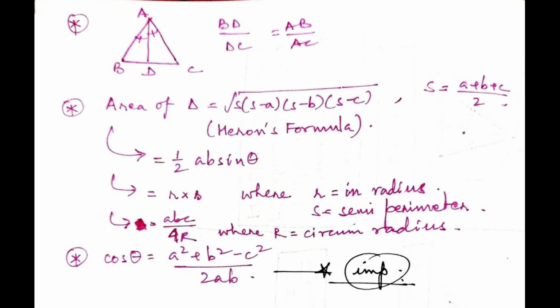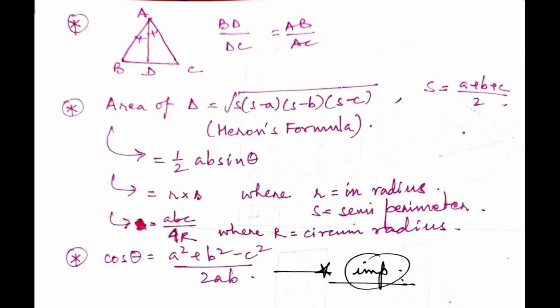The area of a triangle is half base times height. Apart from that, it's given by Heron's formula, square root of S(S minus A)(S minus B)(S minus C), where S is the semi-perimeter. There are other ways to find the area. You can see these formulae. These are not very important, not used a lot in CAT.